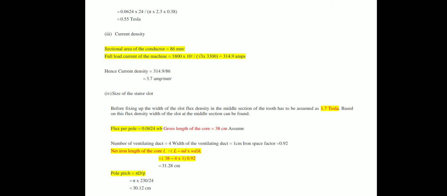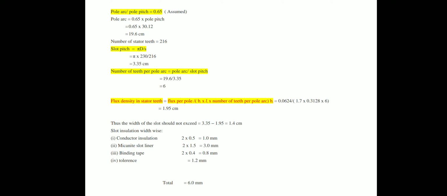Pole pitch, pi D upon P, is equal to pi into 230 upon 24. Calculate this. 30.12 centimeter is the answer. Pole arc by pole pitch is equal to 0.65, which has been assumed. Pole arc is equal to 0.65 into pole pitch.